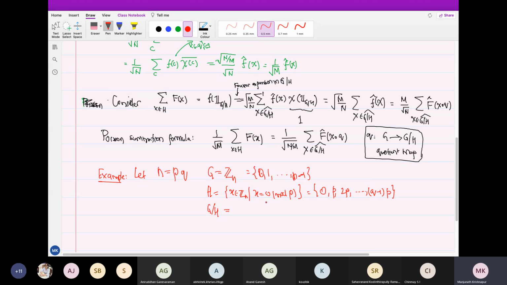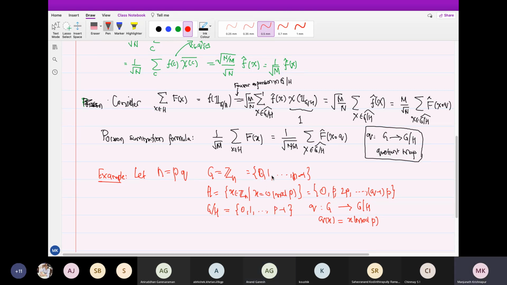So G mod H is just 0, 1 up to, sorry, did I do it wrong? This is p minus 1, not q minus 1. G mod H will be 0 up to p minus 1. What is the quotient map? The quotient map is just the residue modulo p. So Q from G to G mod H is Q of x equals x modulo p.